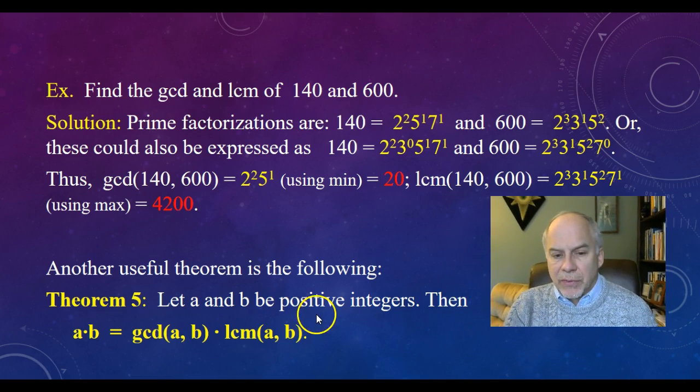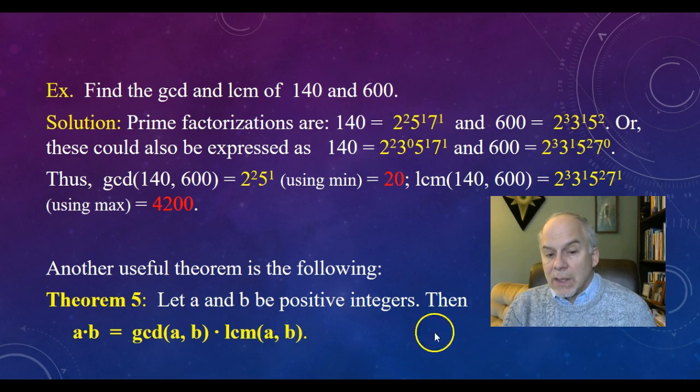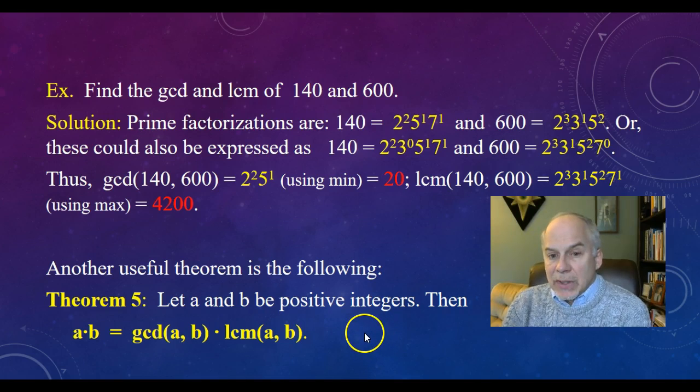Now another useful theorem in regards to greatest common factor and least common multiple is theorem 5. Let a and b be positive integers, then a times b is equal to the greatest common divisor of a and b times the least common multiple of a and b. Now you can verify this with the example right above.